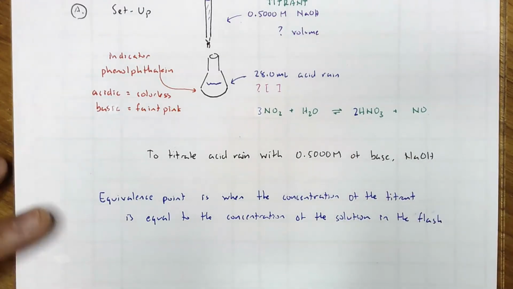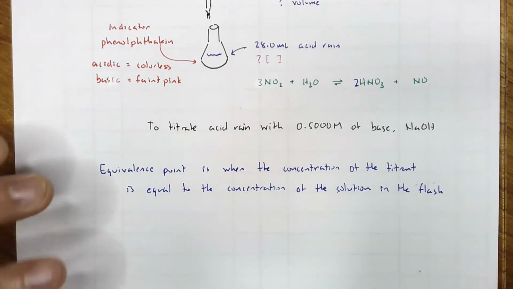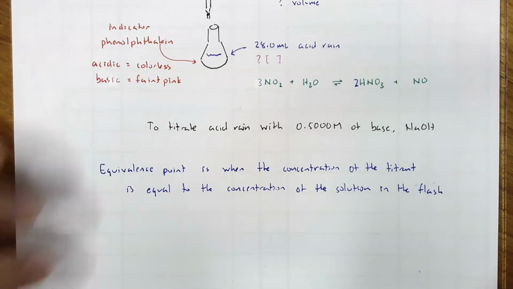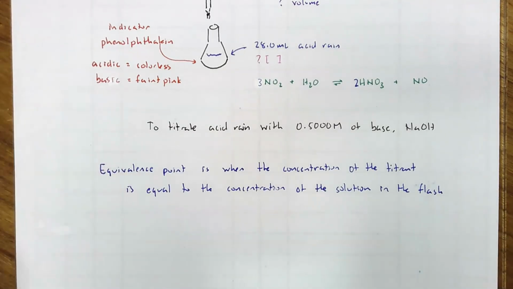Okay. Honestly, I'm not too enthusiastic about that definition. That's true, but you may get in trouble if you try to apply this directly to a diprotic acid. So let me say it this way.